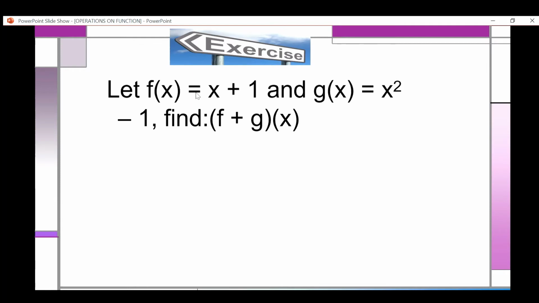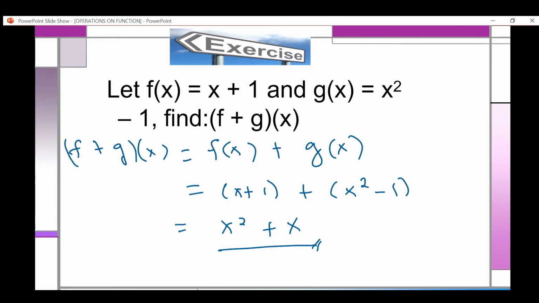Let f of x be equal to x plus 1 and g of x equals x squared minus 1. Find f plus g of x. Okay, so the answer is x squared plus x. Or we can also factor this as x times x plus 1. Okay, got it?